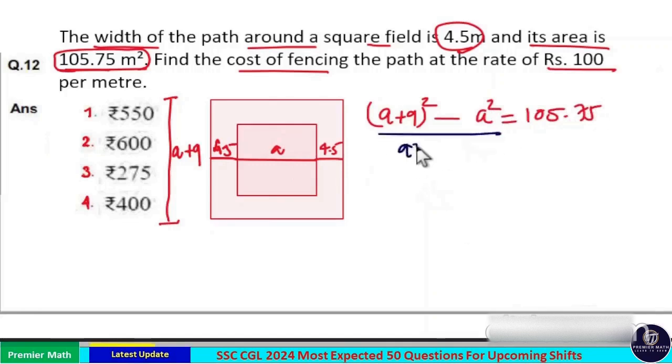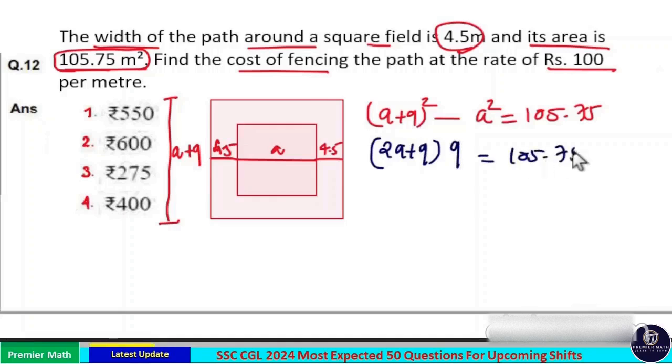Now this is in the form of a square minus b square. That is, a plus 9 is a and a is b. A square minus b square is a plus b into a minus b. Here a plus b means a plus 9 plus a, that is 2a plus 9. And a minus b means a plus 9 minus a, that is 9, which is equal to 105.75.